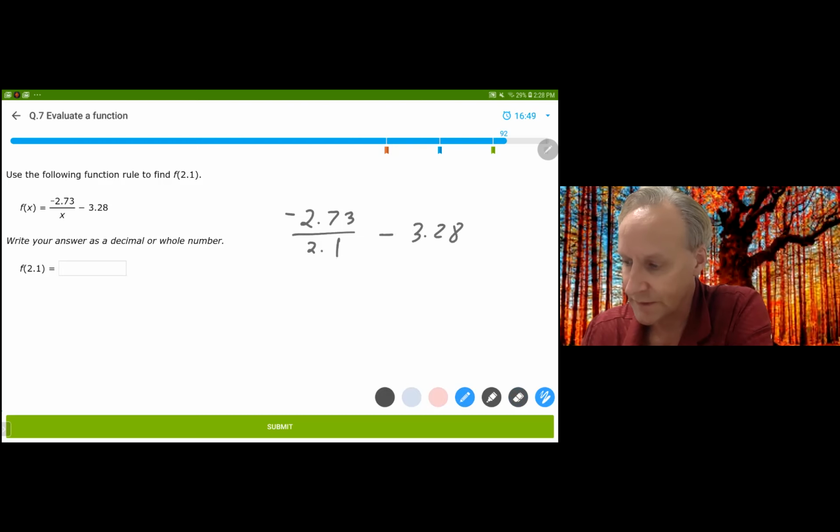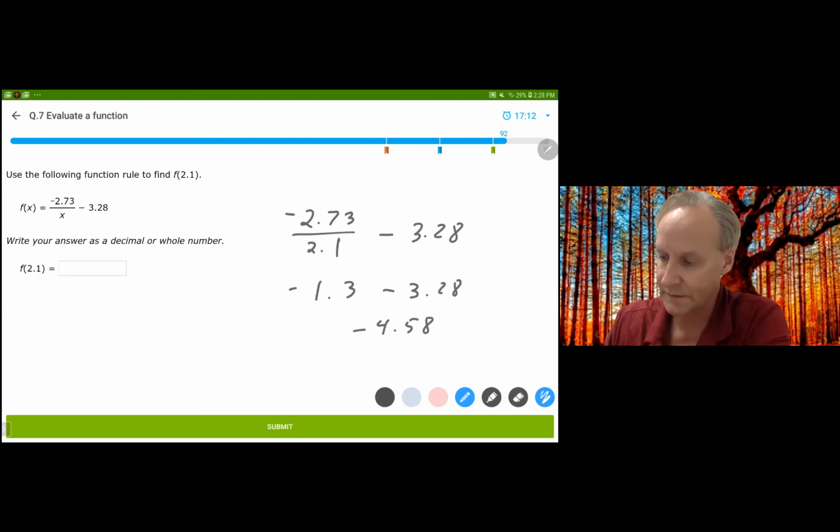And it ends up being a nice even number, so I'll just go ahead and do it in my head. 2.1 goes in here one time, and then it goes into the remainder, which is 0.63, 0.3 times. And then you're going to take 3.28 and add those together, and you get negative 4.58.